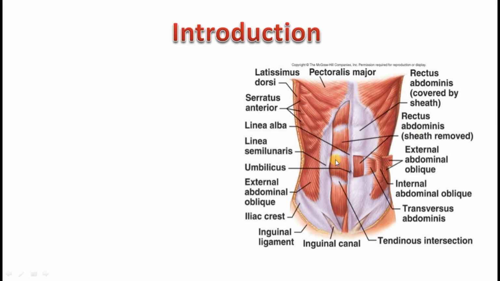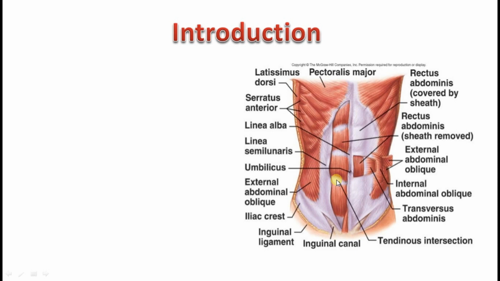So you are able to see here a muscle, that is the rectus abdominis. It is seen on either side of the midline in the anterior abdominal wall. It is vertically disposed, that is why it is called rectus. Recti means straight. Now this muscle along with some other structures are enveloped inside a sheath.